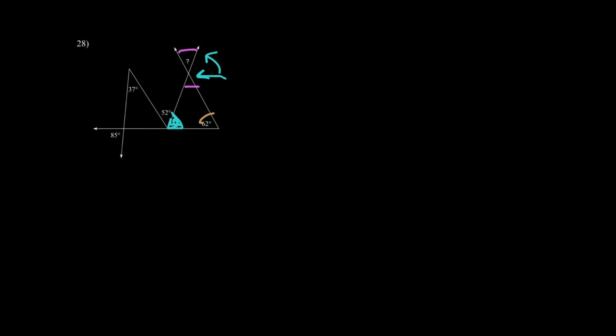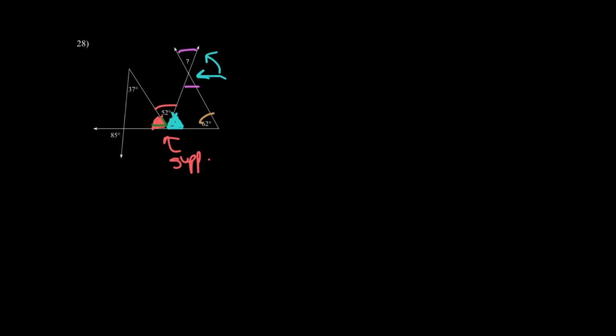Now, in order to get this first angle, I can use that in conjunction with 52 degrees and this angle measure down here, because all of these are supplementary. They form a line.